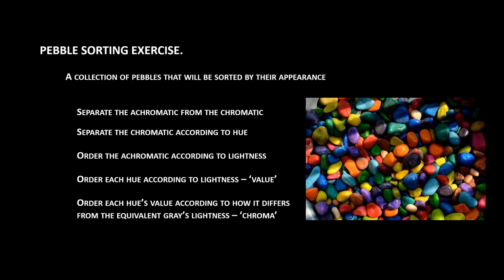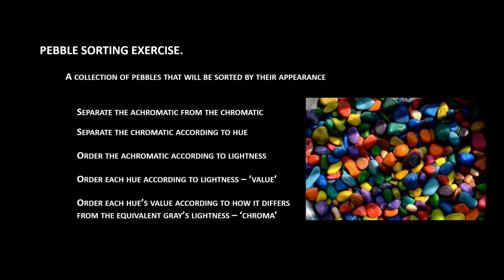One can then take the piles and sort them by how light or dark they are. In the case of the achromatics, that sorting is referred to as lightness. In the case of the chromatics, it's referred to as value. So the terms differ, but we can attribute value to the shade or the lightness or darkness of the object.